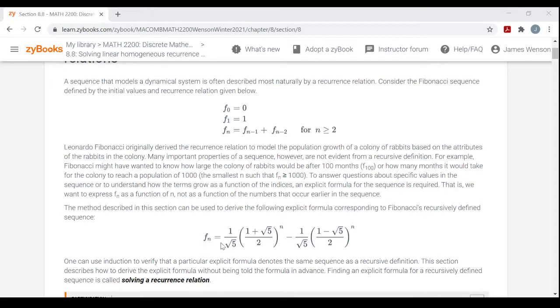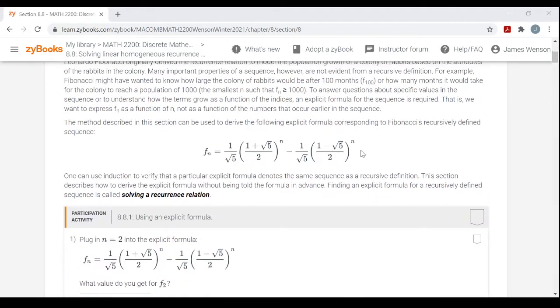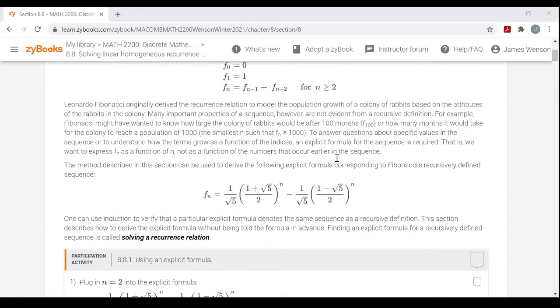The n plus first term is 1 divided by the square root of 5 times the quantity 1 plus the square root of 5 over 2 to the nth power, minus 1 divided by the square root of 5 times the quantity 1 minus the square root of 5 over 2 to the nth power. This is pretty crazy looking. How did they figure this out?